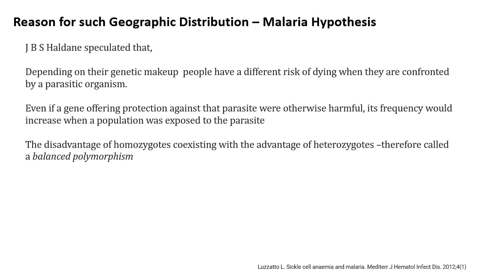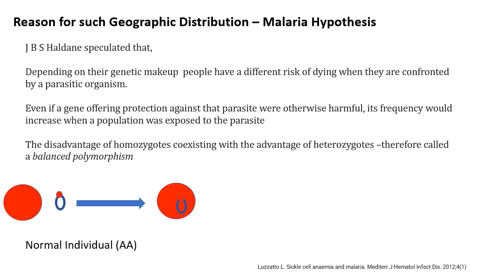That is, if HbAS, that is sickle cell trait, is protected against the parasite, because this gene is propagating in the future generations, there are chances of a homozygous condition, and this homozygosity is a disadvantage. Although they would be protected from malaria, they would have different kinds of symptoms related to sickle cell. This is called balanced polymorphism.